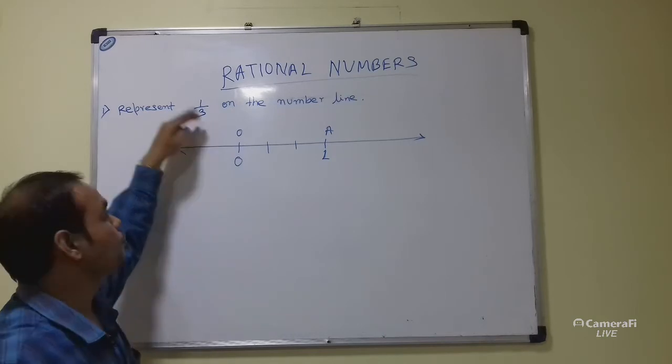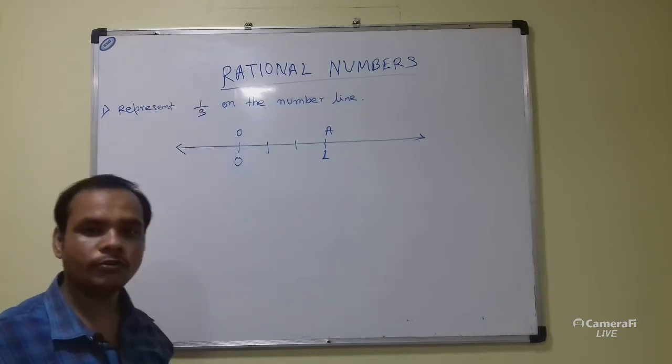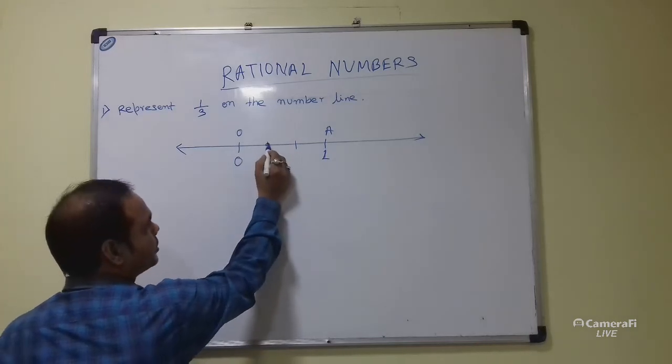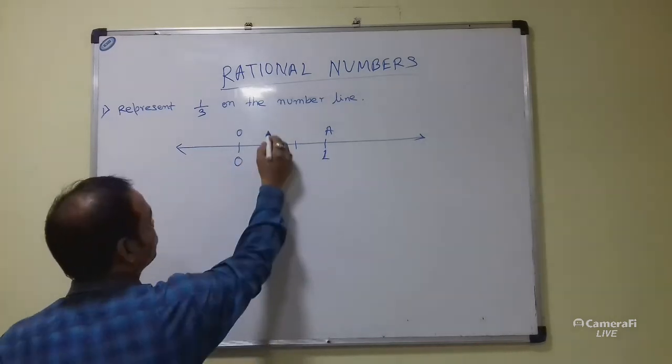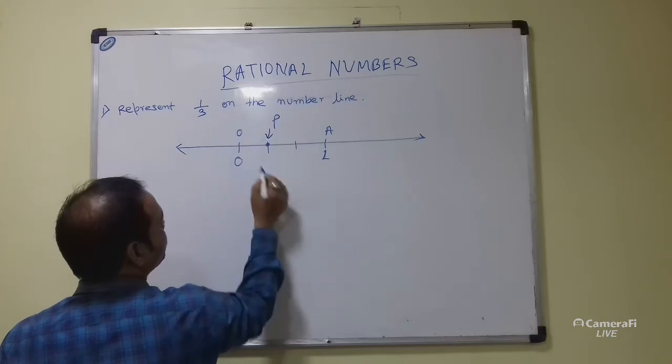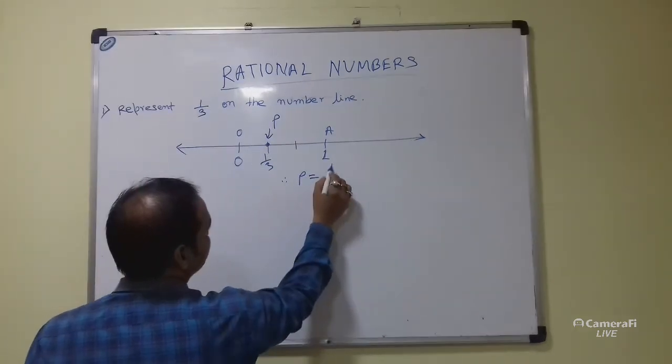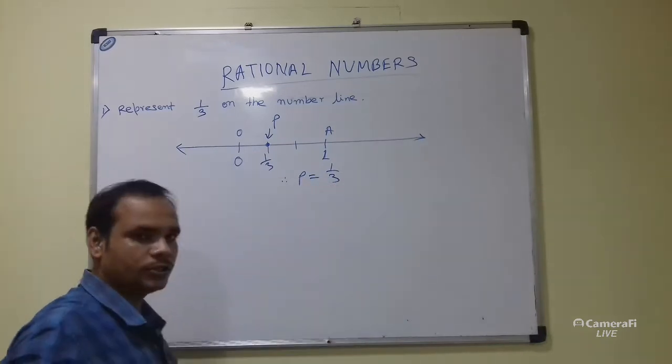Again I repeat, we take one part out of 3 parts. This is the one part, you can give it the name P, and it is 1/3. Therefore P is equal to 1/3.